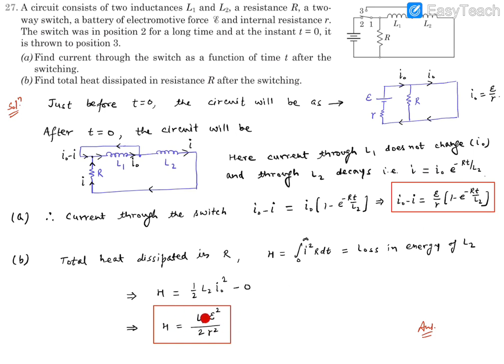That's the expression for the total heat dissipated in the resistance after the switch was shifted. And this is the expression for the current passing through the switch at any time t after it was shifted. So these are the two responses for part A and part B. Thank you.